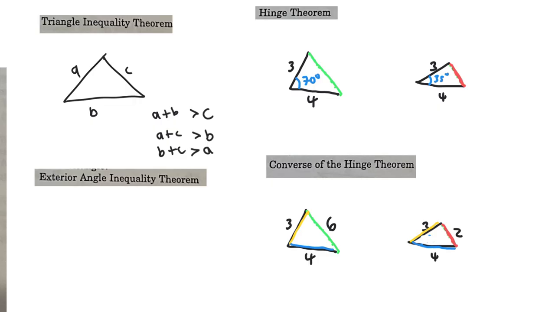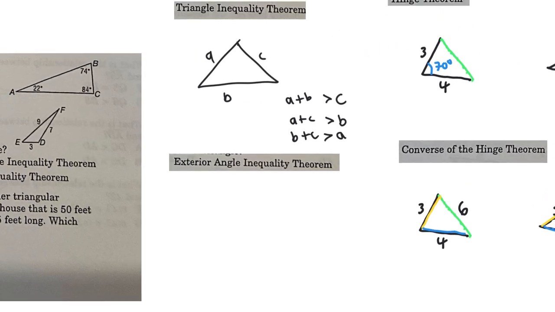So that's that. Exterior angle inequality theorem. So for my student watching, hopefully she recalls, we might not know much about this blue angle, but we definitely know that whatever that blue angle is, which is on the exterior of this triangle, it has to be larger than this remote red angle.